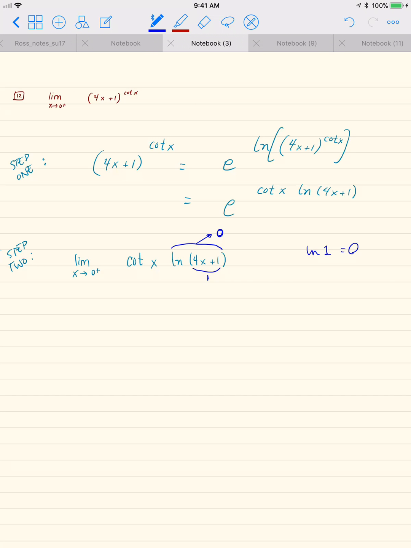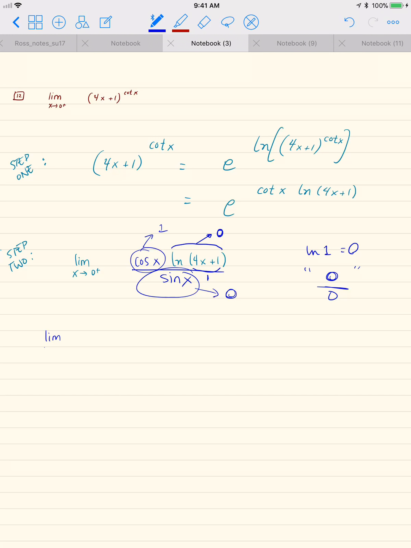For cotangent of x, which is cosine over sine, we can rewrite this as cosine of x over sine x. The sine of x approaches 0, and the cosine of x approaches 1. So our numerator is approaching 0, and our denominator is approaching 0, so we can apply L'Hopital's rule.